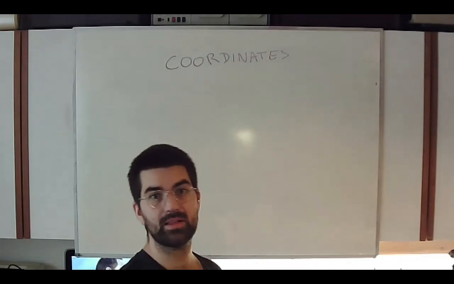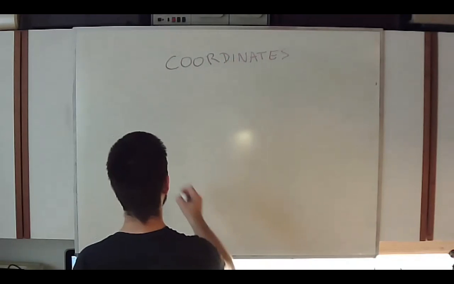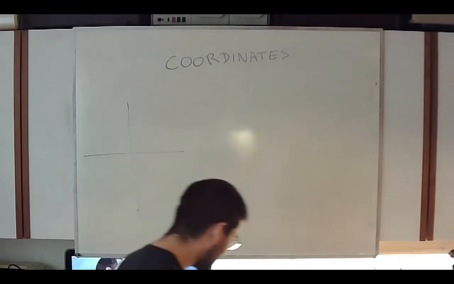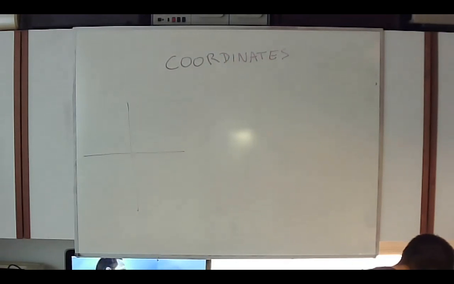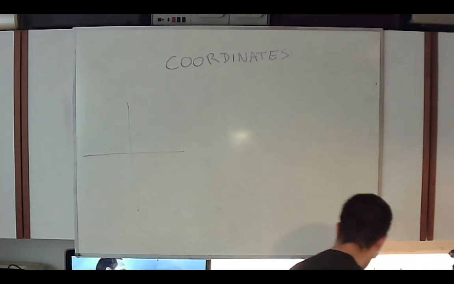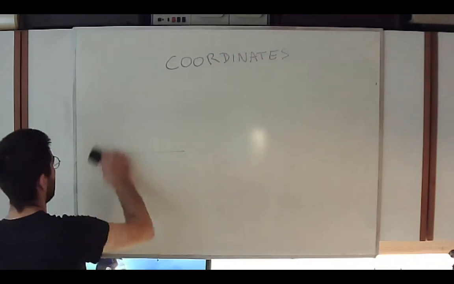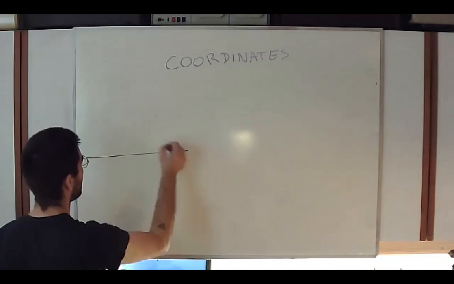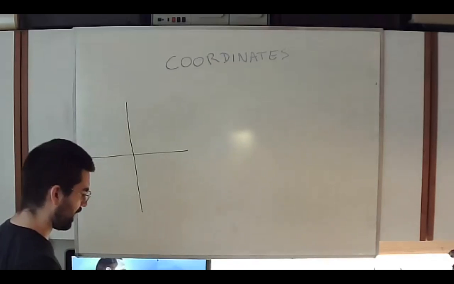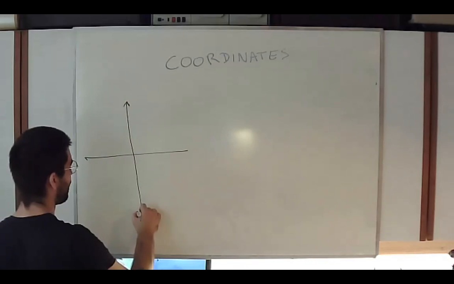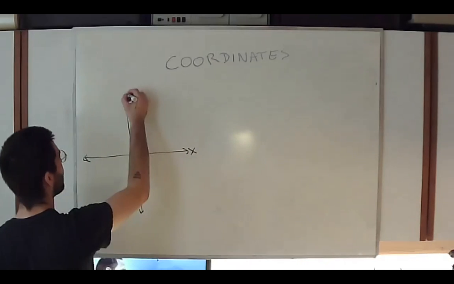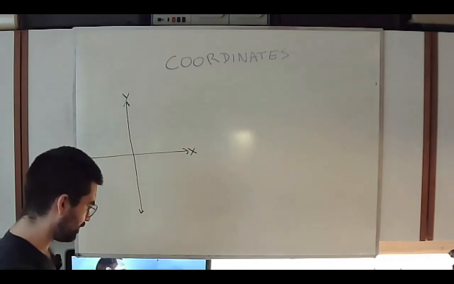So in math class, you might remember the Cartesian coordinate plane. Oh, this pen is not coming across very well. Let me get a better pen. Okay, you might remember the Cartesian coordinate plane where we have our x-axis and our y-axis.